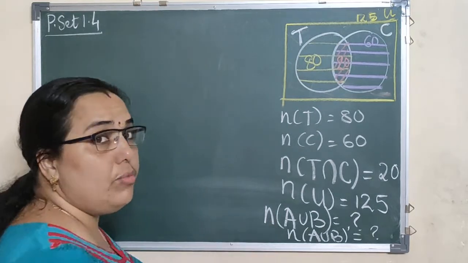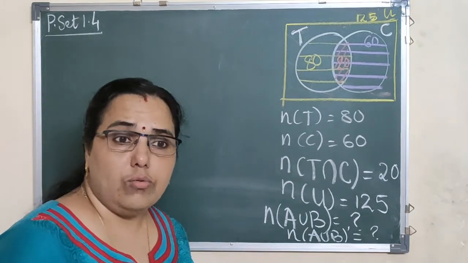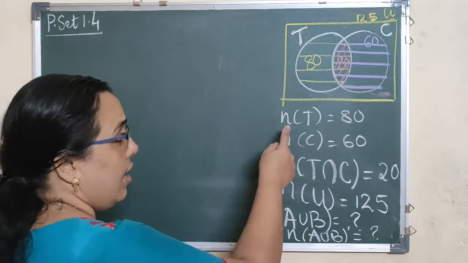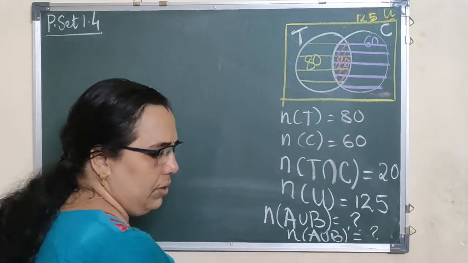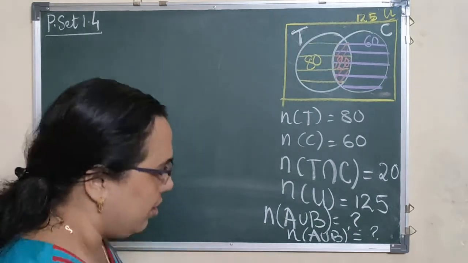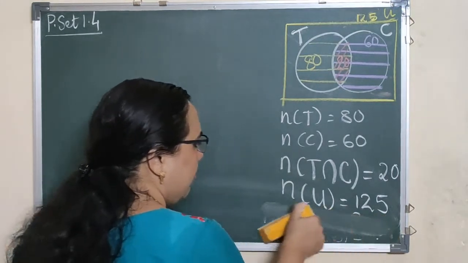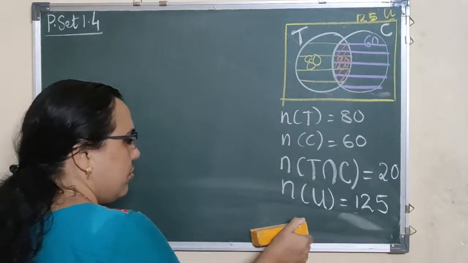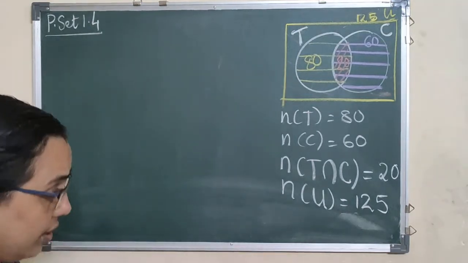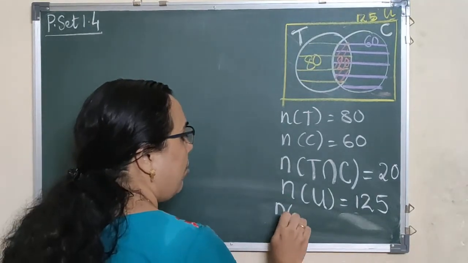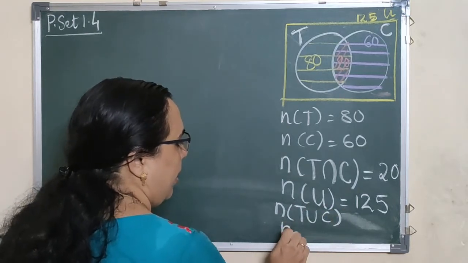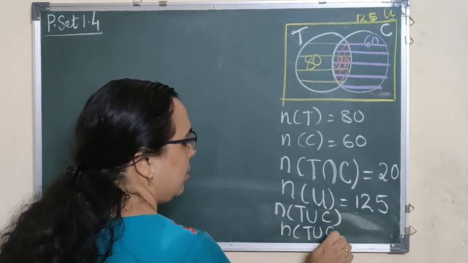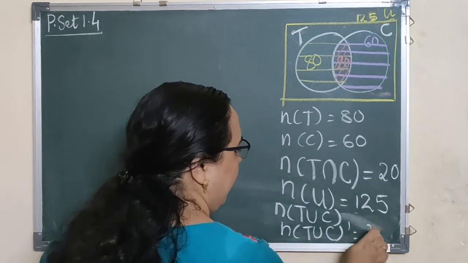Yes. By which formula? N of A union B equals N of A. Yes girls, here I have written A union B, but what it should be? N of T union C and N of T union C complement.